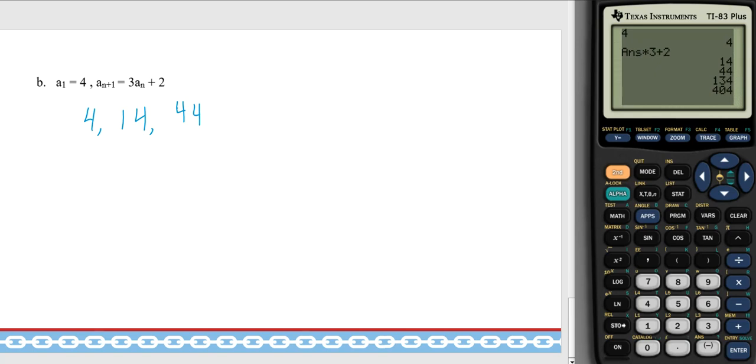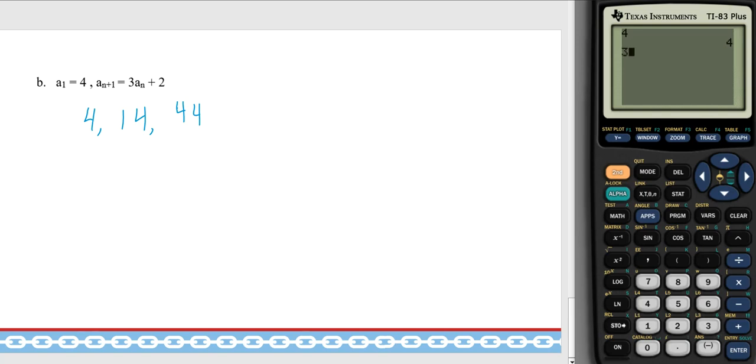Some people are bothered by that not being put in the calculator in the exact fashion that it's on the screen. So I could say, okay, 4 enter to enter that 4 in there.